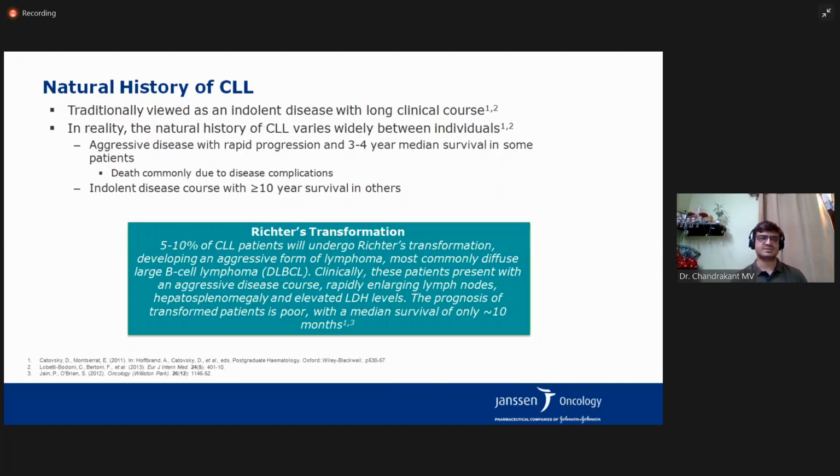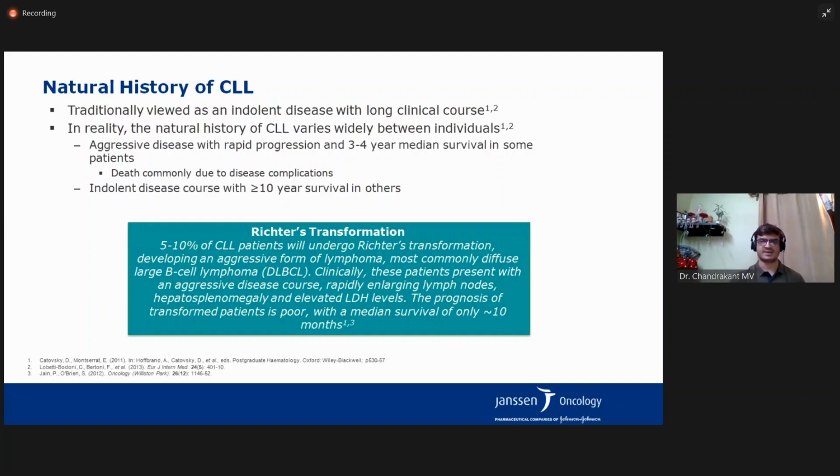And this is the natural history of CLL. It's a heterogeneous disease. We have the big subset of patients who have indolent disease where they do not even become symptomatic for 10 years. They just live without being symptomatic. Whereas we have the other extreme where they develop rapid progression and they become symptomatic within 3 to 4 years, and they succumb within that time.